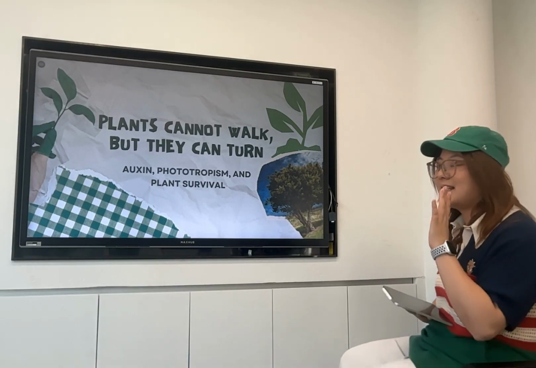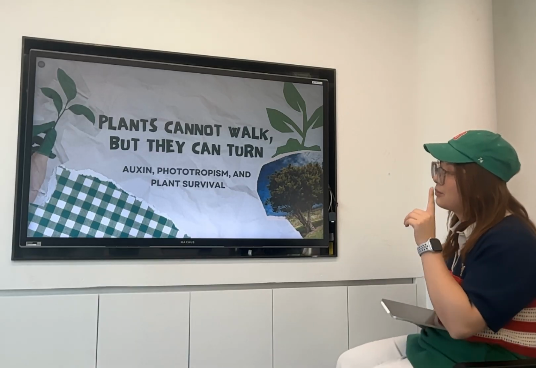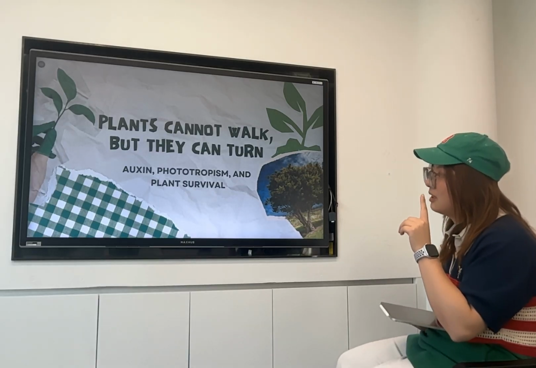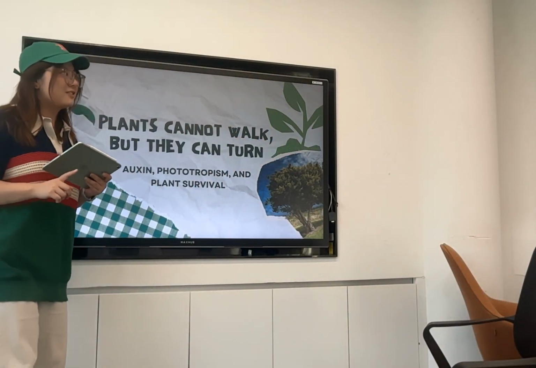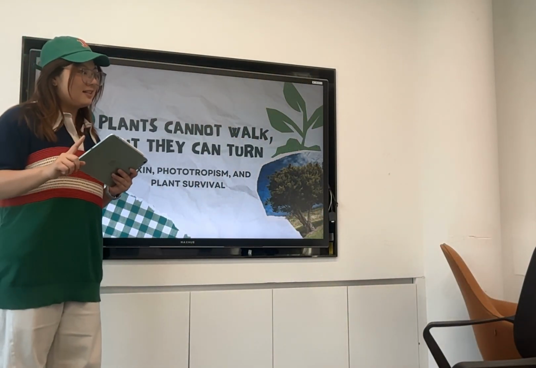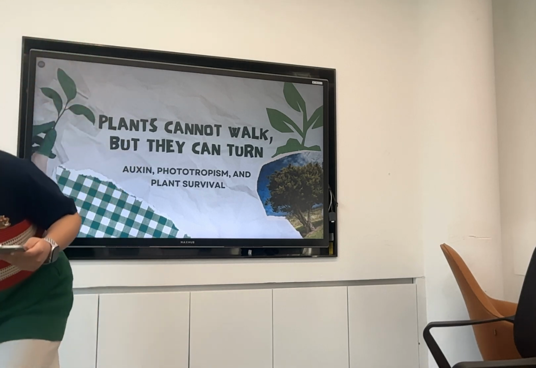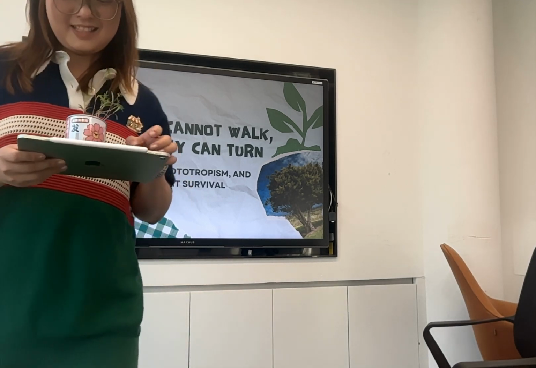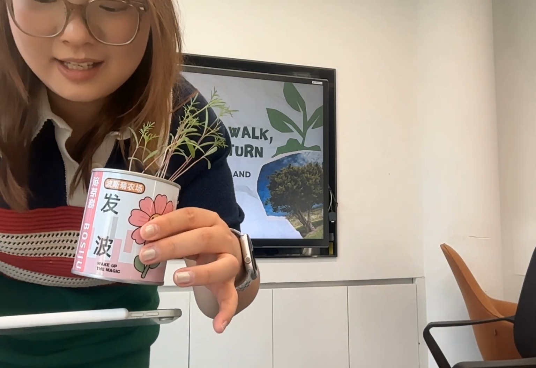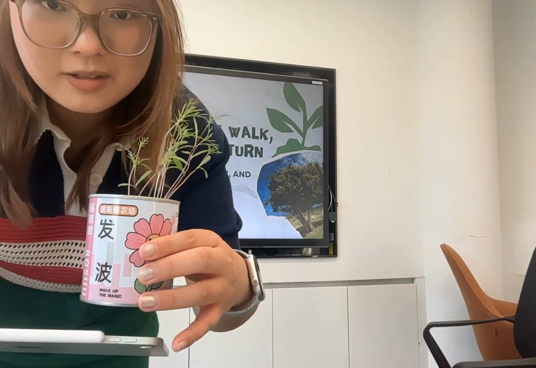Teacher, I have a guess. I think the plant should grow upwards strictly. This is actually a good guess, but the fact is, let's invite our special guest, my plant. We can see here clearly that they are bending to one side, right?